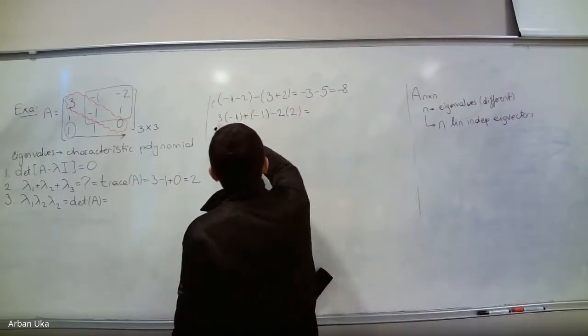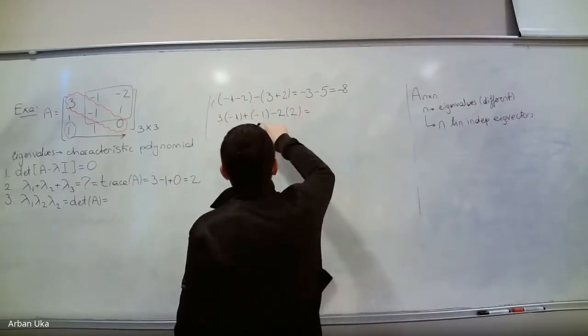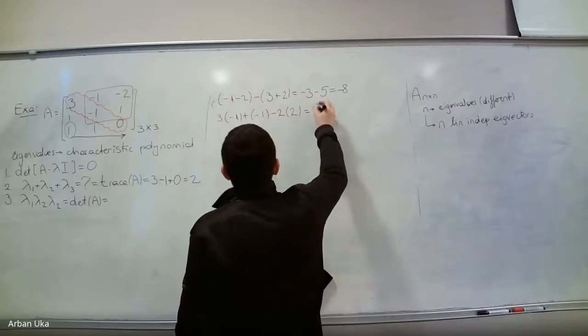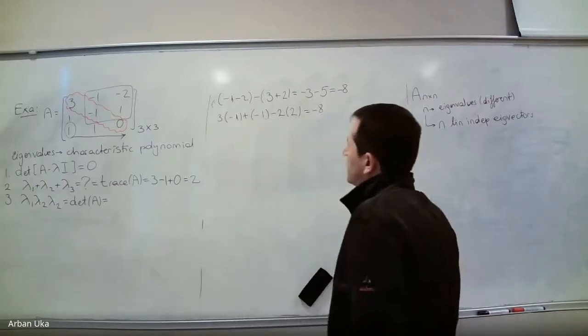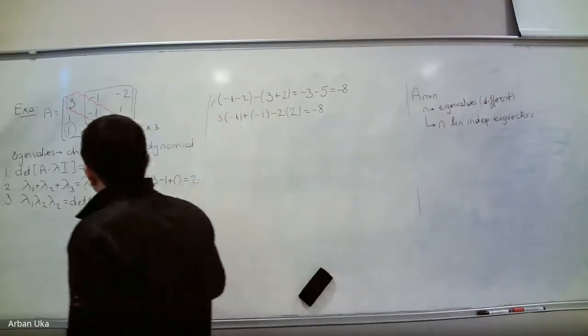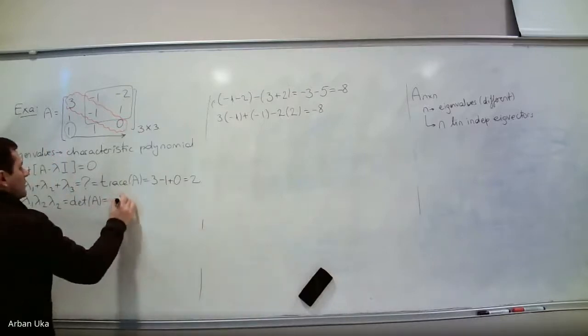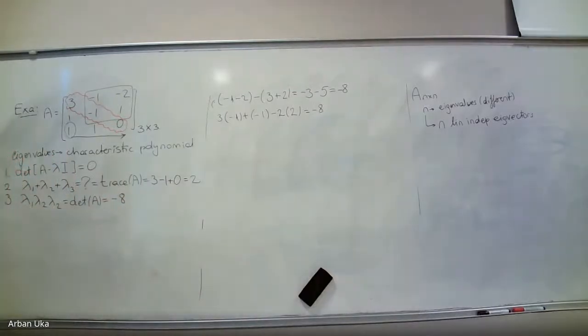So this is equal to minus 3, minus 1. I think this is, yes, this is still minus 8. Okay, this is correct. So it looks like the determinant of this matrix is equal to minus 8.